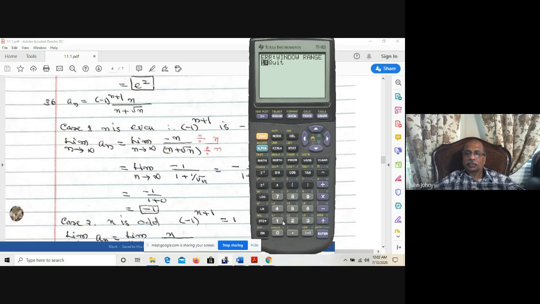Window range. You are not getting any graph. Anyway, let's skip it.